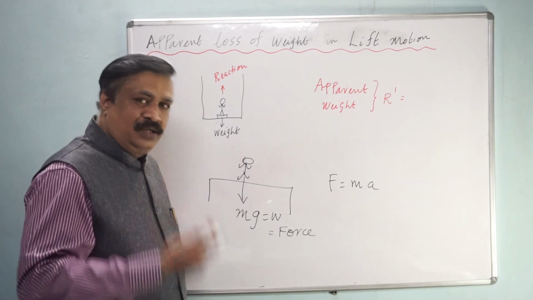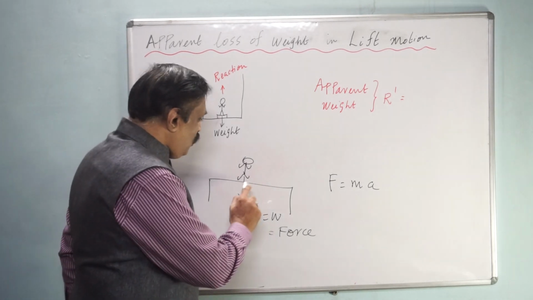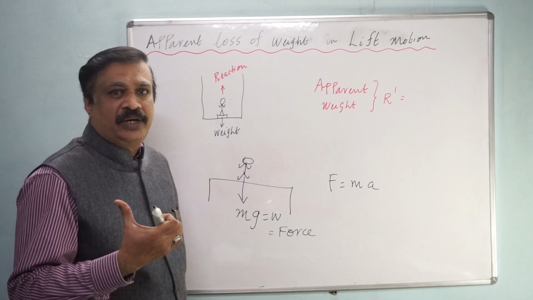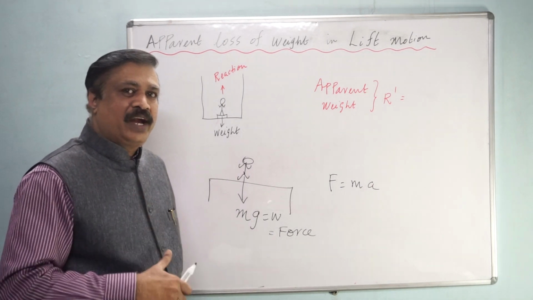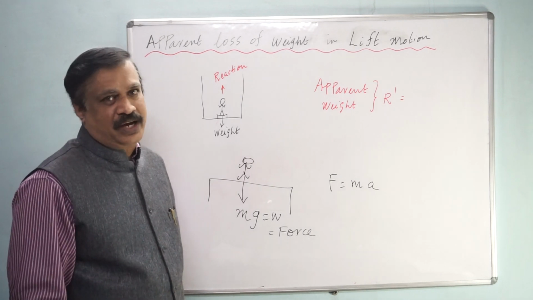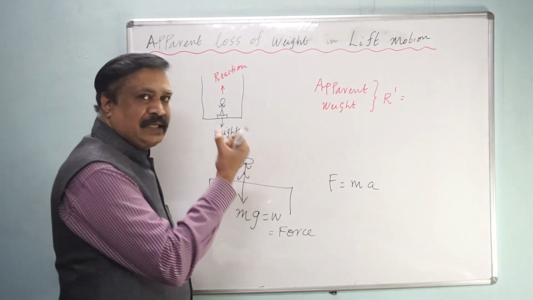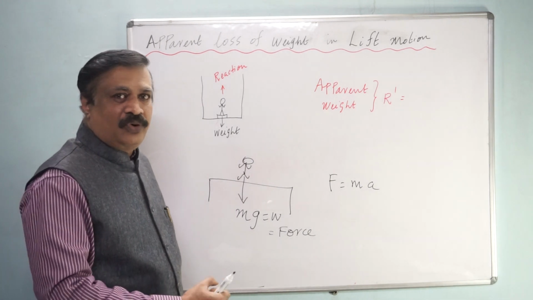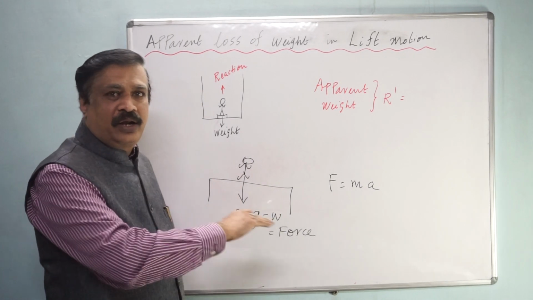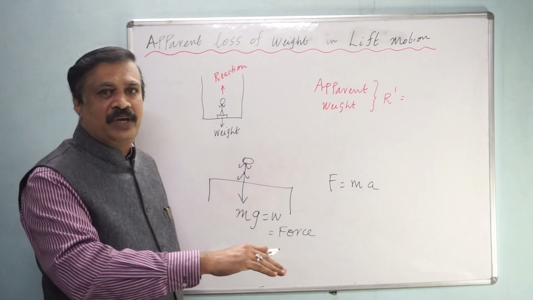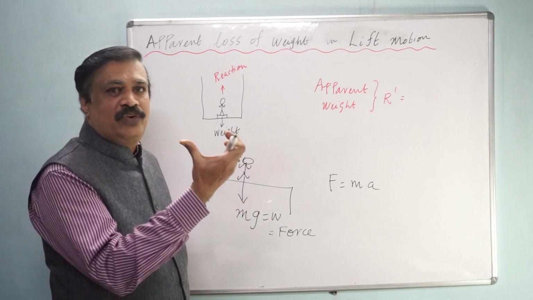Now, in turn, the ground exerts a force according to Newton's third law. For every action, there is an equal and opposite reaction. Therefore, this force is acting downwards, and in turn this platform, whether it is a table, a ground or a weighing machine, exerts an upward force.